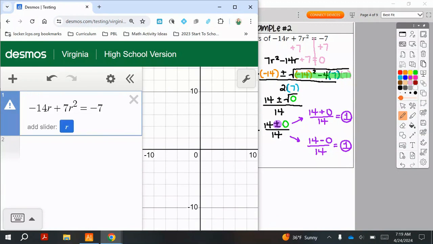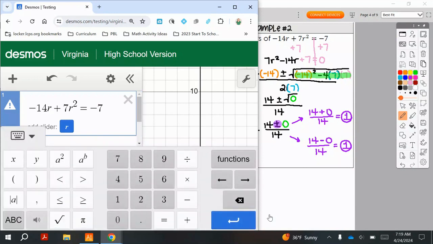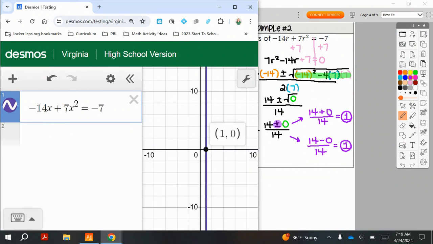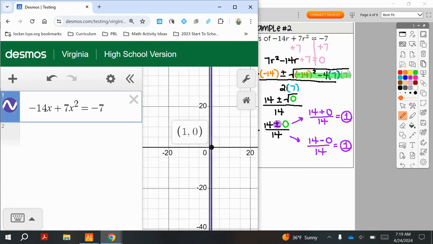So that usually is talking about that I need to replace our variables with x. So I'm going to go ahead and replace every time I have r with x to get my final answer. As you see, the only time it's touching the graph, if I zoom in or zoom out, will be that answer of 1. Let's go ahead and try the next example.